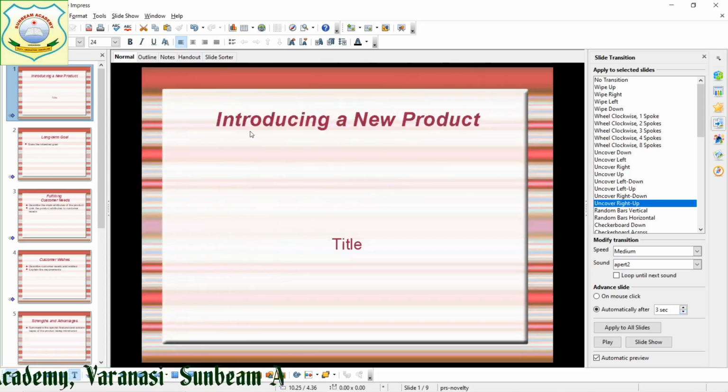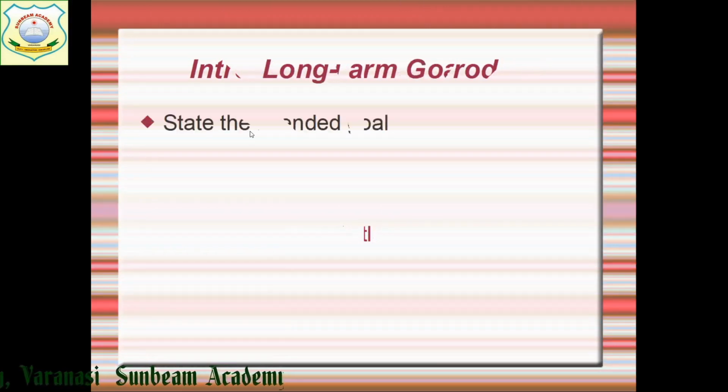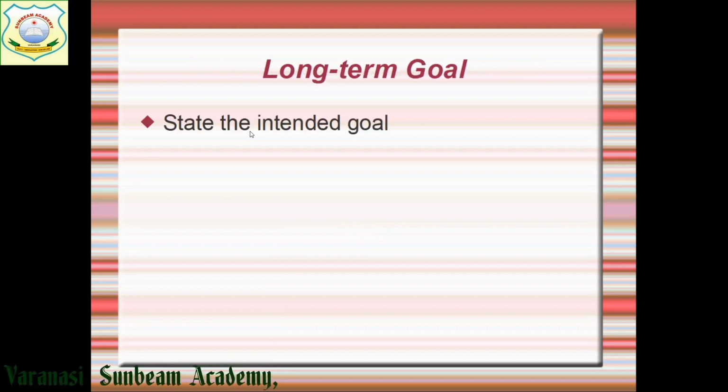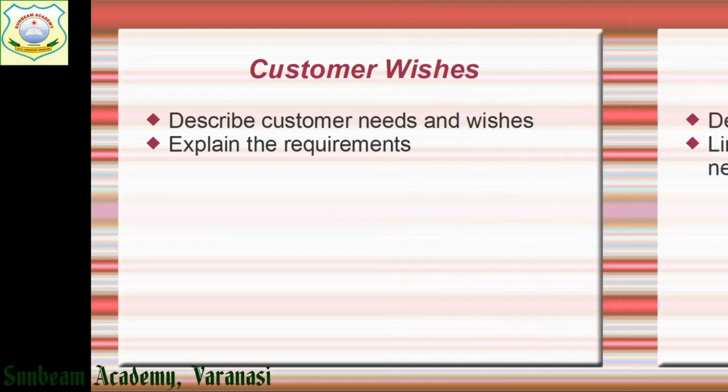If I run this one, wait for 3 seconds, the second slide will come automatically. You have given timing over there. After that time, the next slide will automatically come. Since I have given it for the second slide only, you have to give timing for each and every slide.